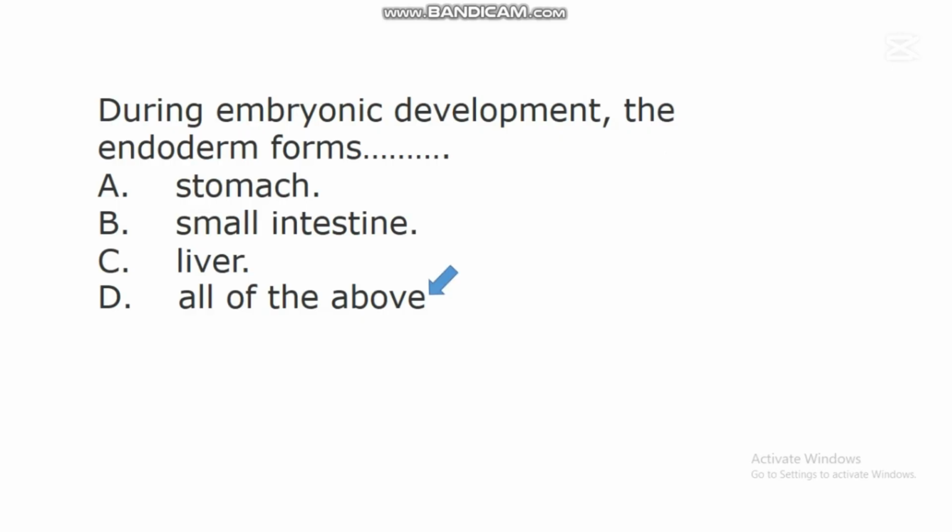Research has shown that during embryonic development, the endoderm plays a great role in forming different structures such as stomach, small intestine, liver, and some other structures in that embryo. So the endoderm contributes immensely in ensuring that these structures are formed very effectively.